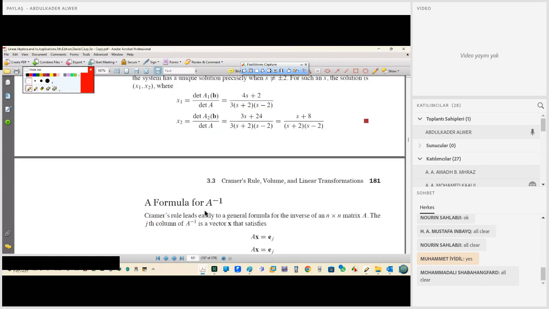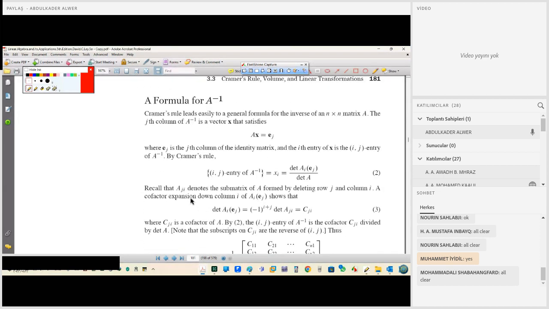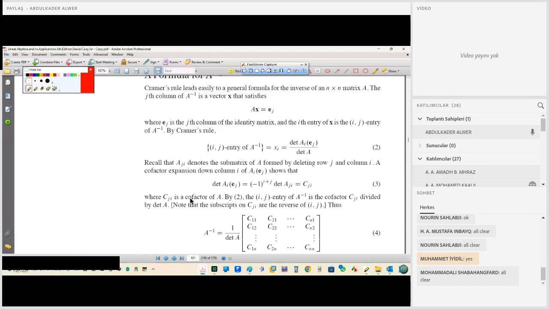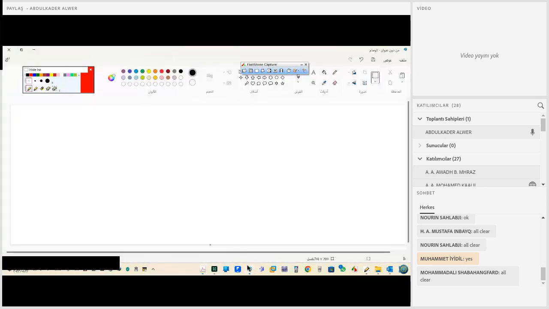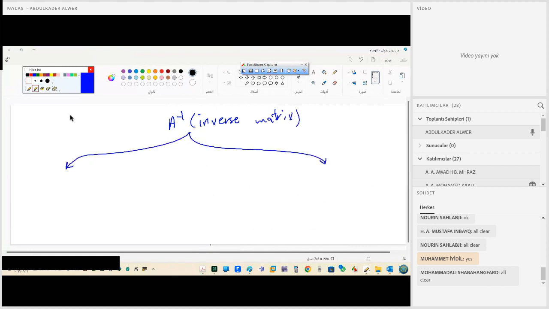For the inverse matrix, we usually have two methods. The first one is the algorithm, A I gives us I A minus 1.